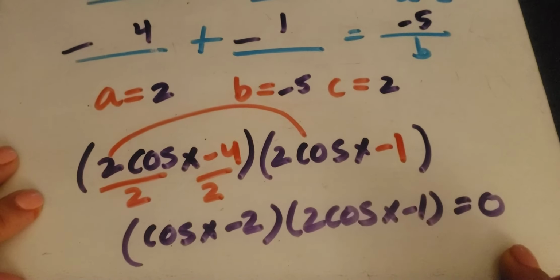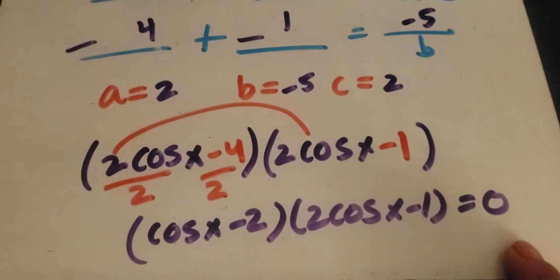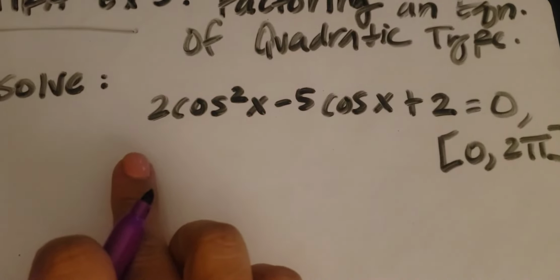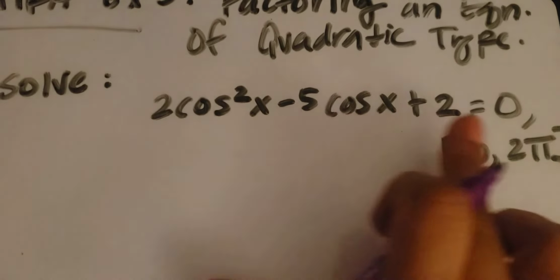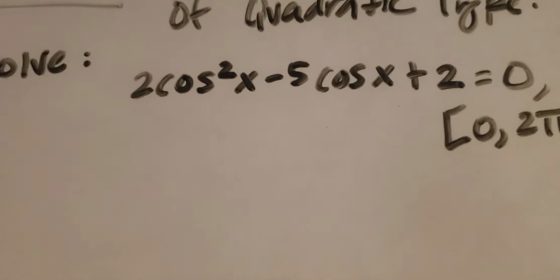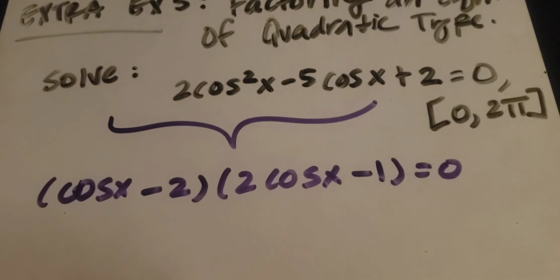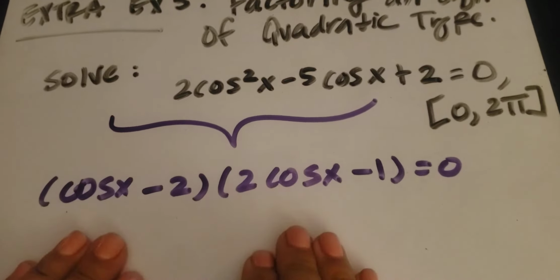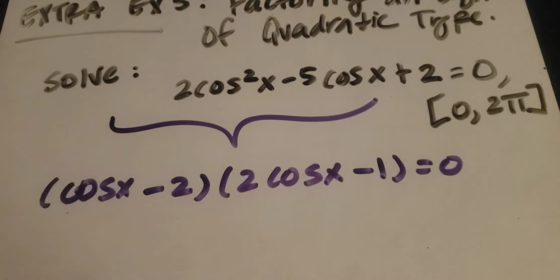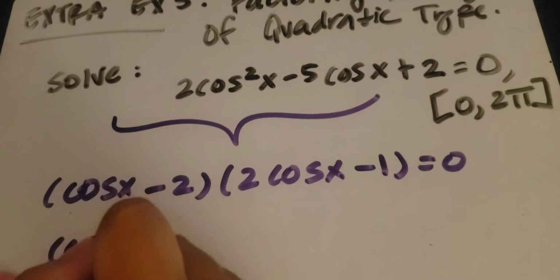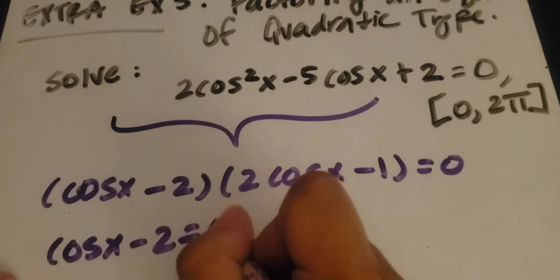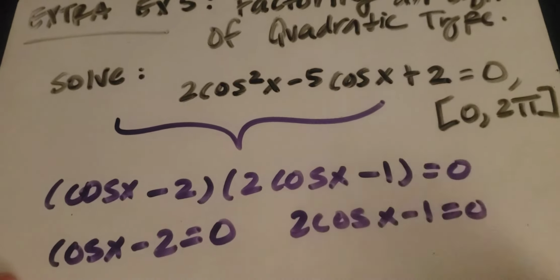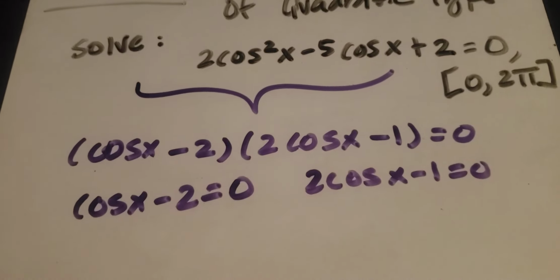And remember, the reason why they're equal to 0 is because we've now factored out everything on the left-hand side. Okay, so now let's solve. Now that I have my factors, I'm going to set each one equal to 0. So cosine of x minus 2 equals 0, and 2 cosine of x minus 1 equals 0.